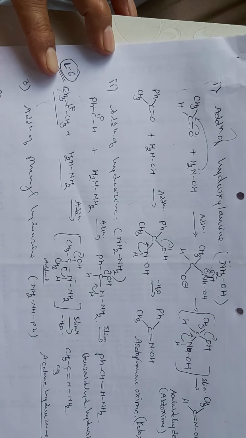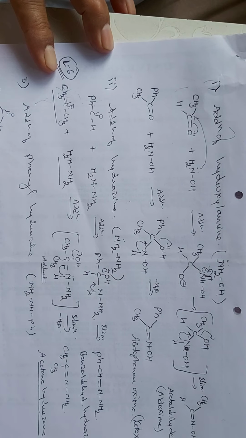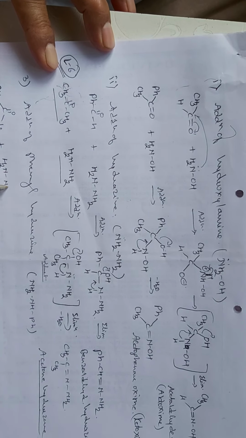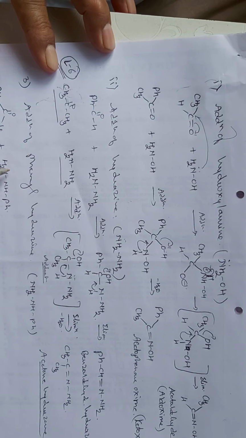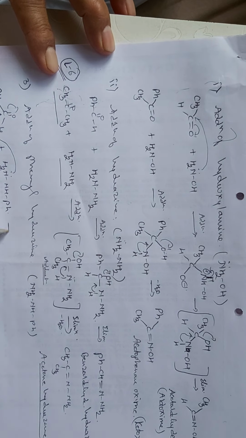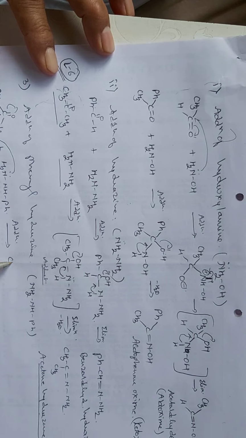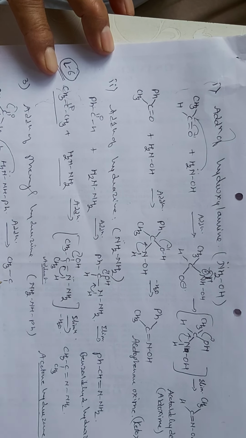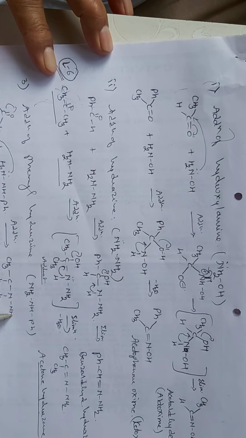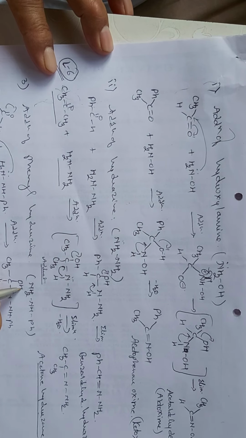When we take the example of acetaldehyde, acetaldehyde on reaction with phenylhydrazine undergoes addition to the carbonyl group. The first step is addition, and you get the formation of CH3CH(OH)NHNHPh.